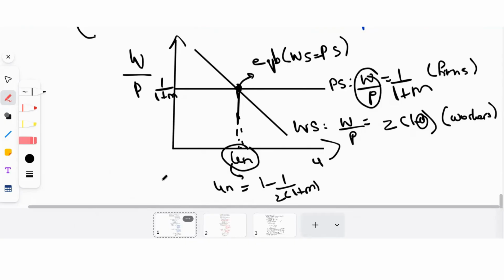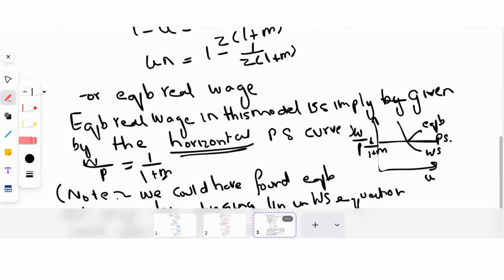And so once we have the value of un, by simultaneously solving these two equations and setting them equal to each other, we can plug the value of U into one of these, which could be the WS equation, and get the value of the other variable, which is the real wage. Because what we're essentially doing here is simultaneously solving two equations, right?